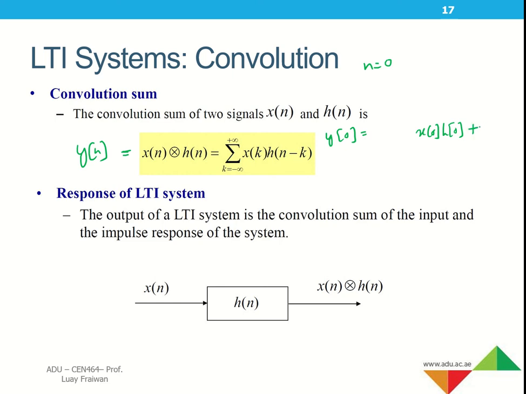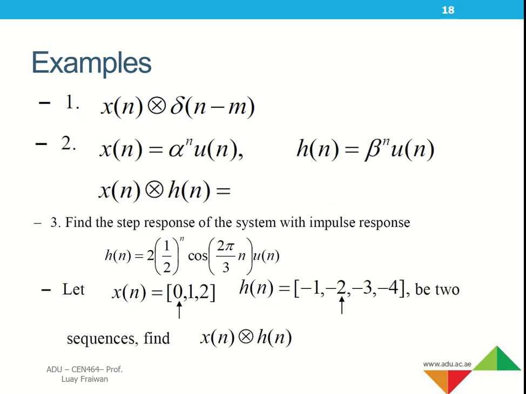Then, with k for example varying from 0 to infinity, it will become x of 1 and h of minus 1, and then x of 2 and h of minus 2, similarly at the back side. So basically you have to multiply the impulse response and the input signal and then add them, so that we will get the final output response. These are some examples relevant to the convolution which we will solve in the live session.